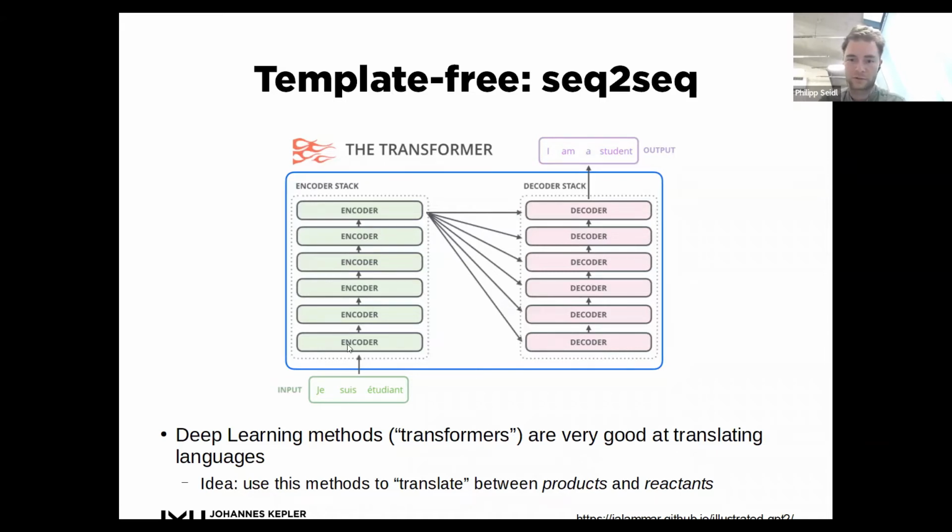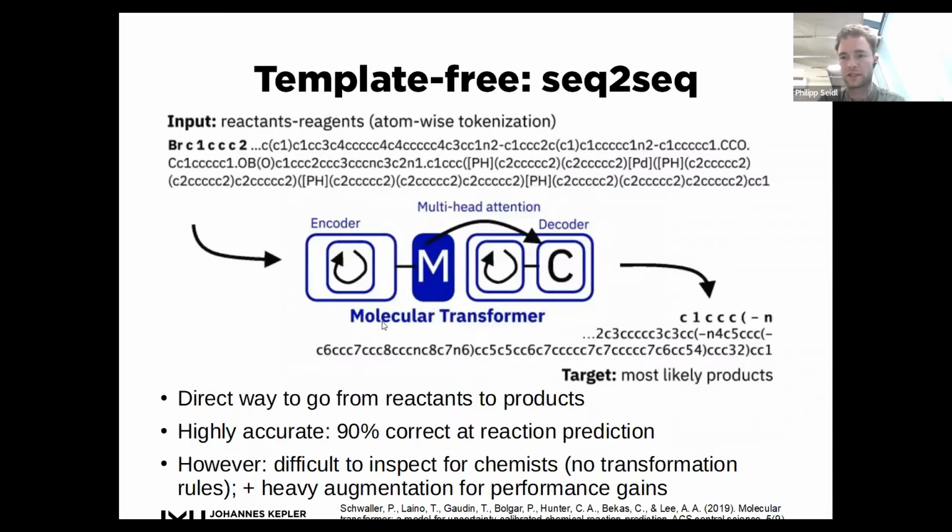So it's quite intuitive to also try to apply this in the chemical domain, because here we also have a translation task. In this work by Schwaller, they represented the molecules. Here they had reactants and reagents, and they simply inputted this into an encoder-decoder transformer architecture, and their target was to decode the most likely product.